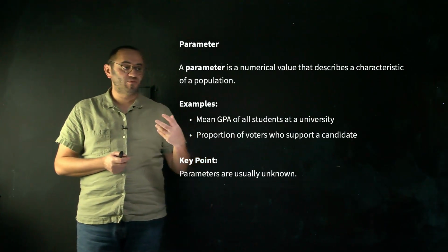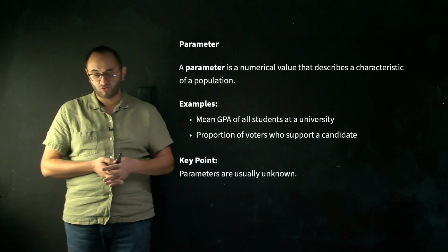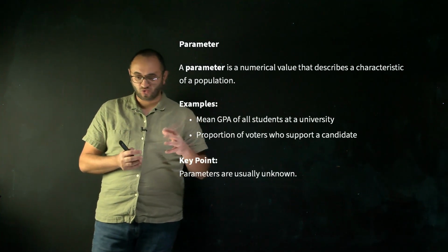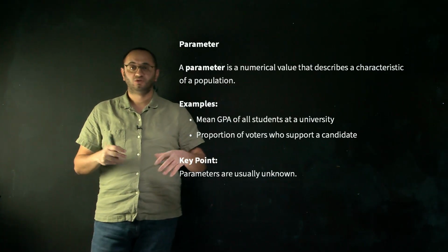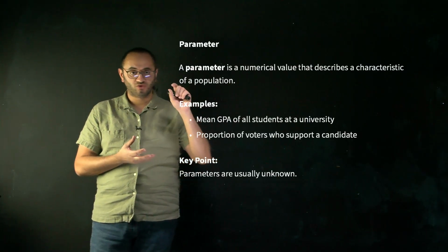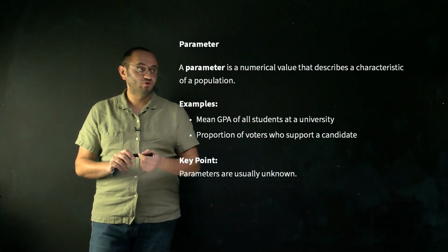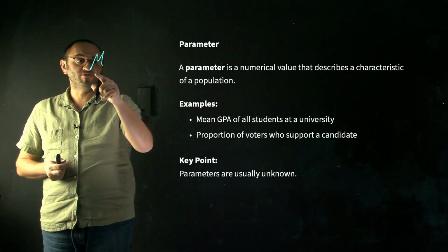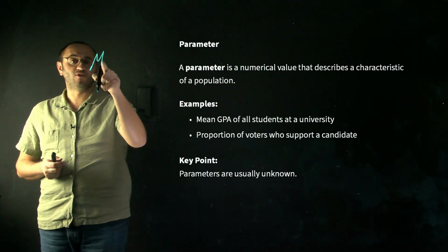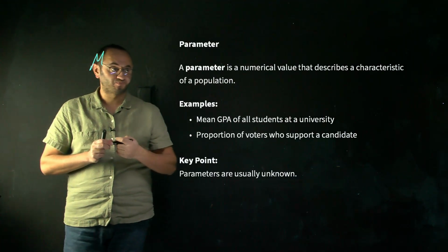For example, the mean GPA of all students at a university describes the entire population. So we calculate the mean GPA of all students at the university, and this is called mu. So mu, or the population mean, is an example of a parameter.